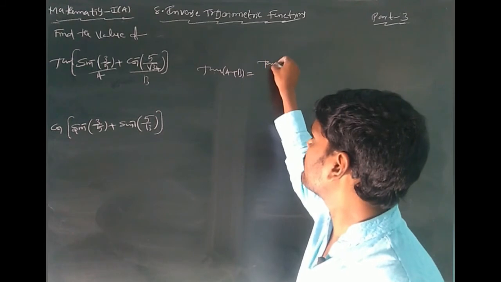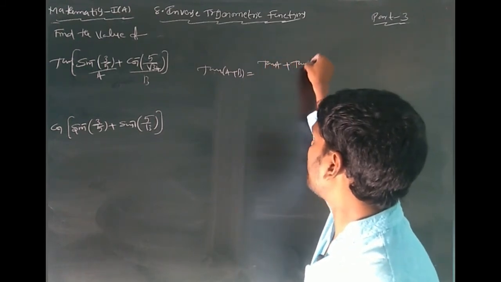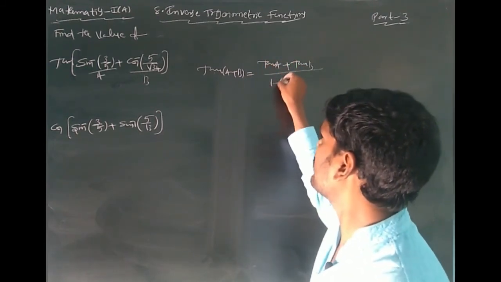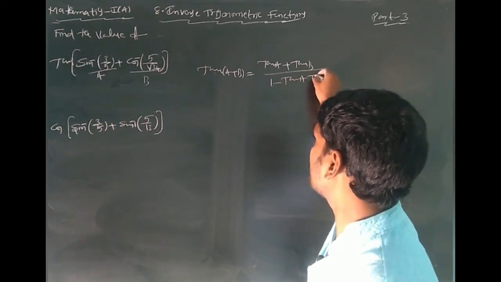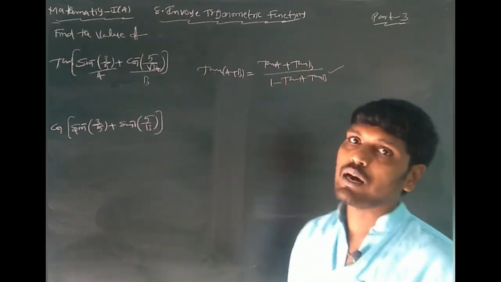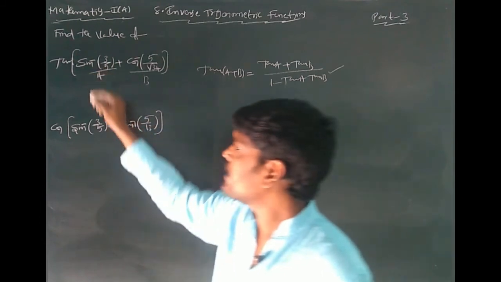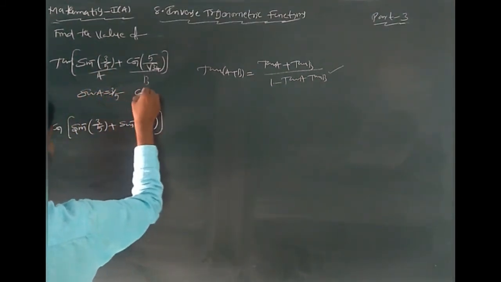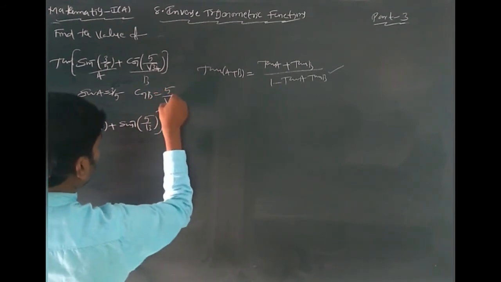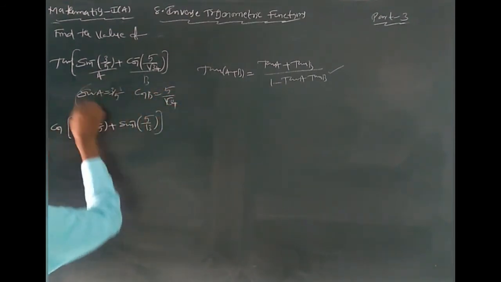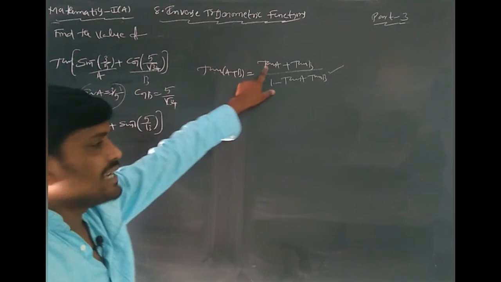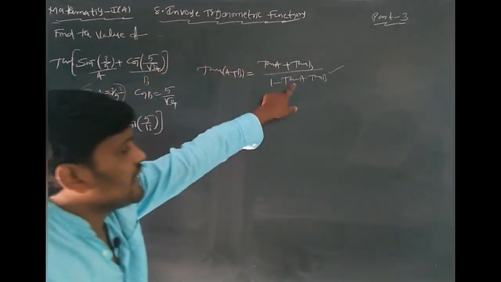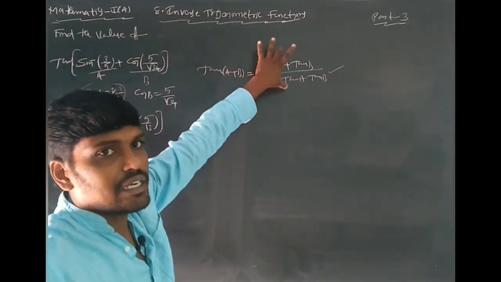Tan of A plus B formula is tan A plus tan B by 1 minus tan A into tan B. This is the formula. In this formula, sin A value is 3 by 5. Cos B value is 5 by square root of 34. You can use sin A to find tan A. You can use cos B to find tan B and substitute in this equation.